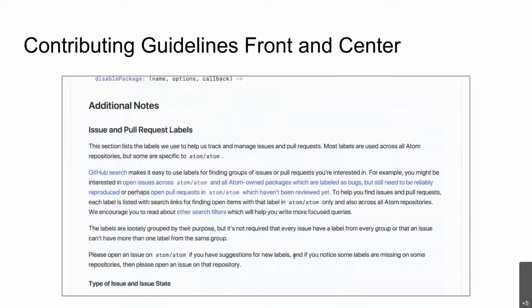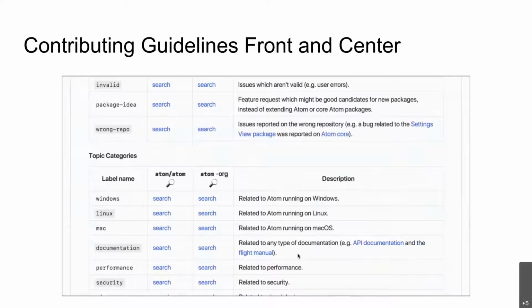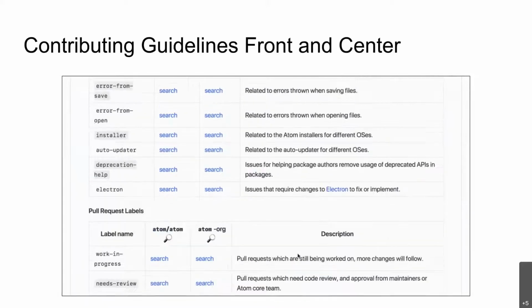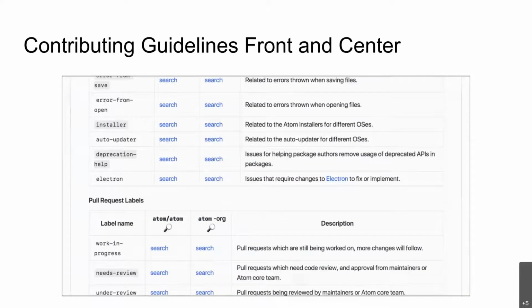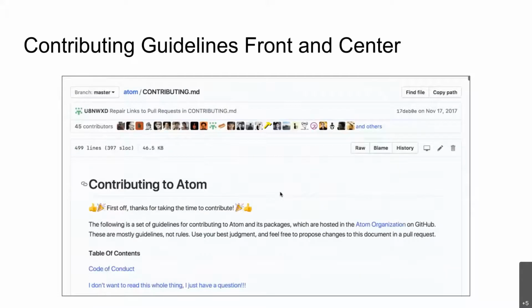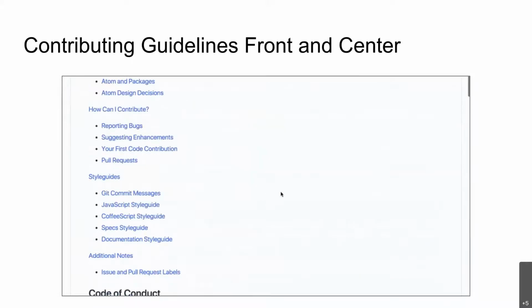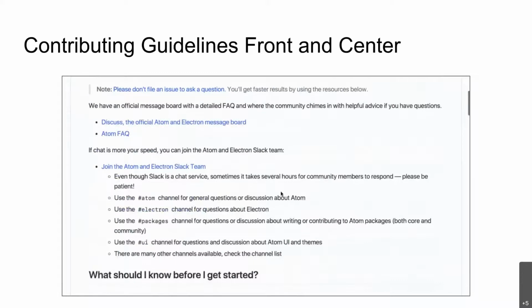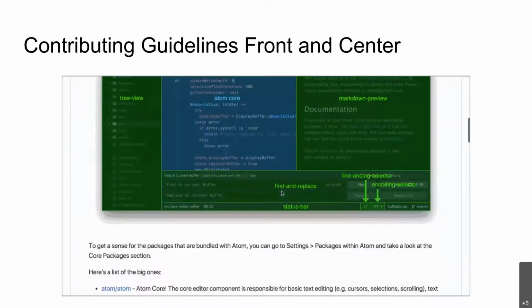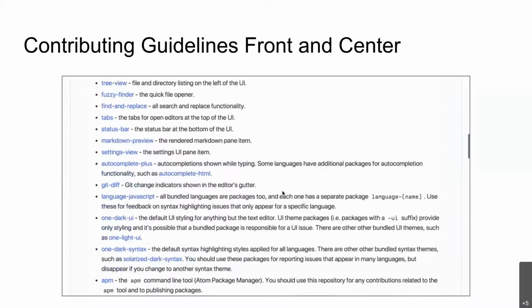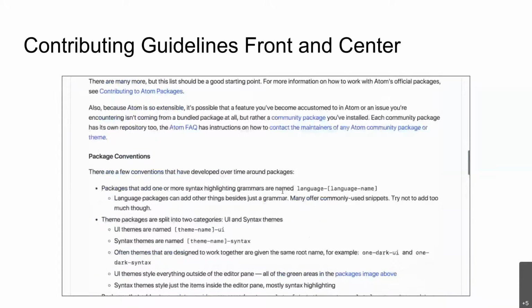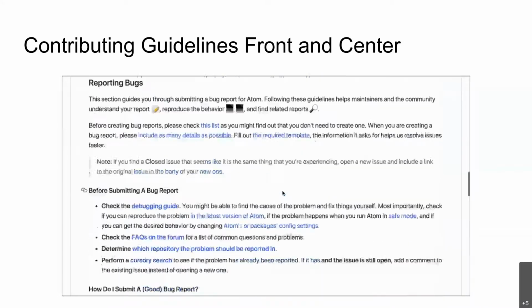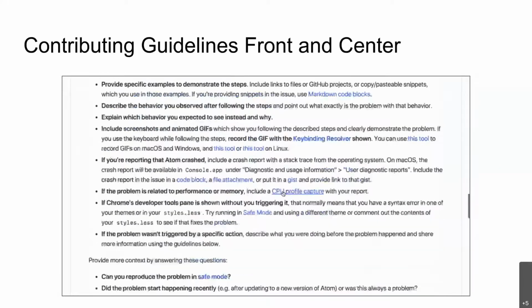The maintainer or somebody who started the project would document what this project is about, how they are looking at contributions, how somebody should contribute, what the guidelines are, what somebody should do, and what somebody should not do. So this is something like a project manifesto, right? Whoever comes onto the project for the first time will go through this.